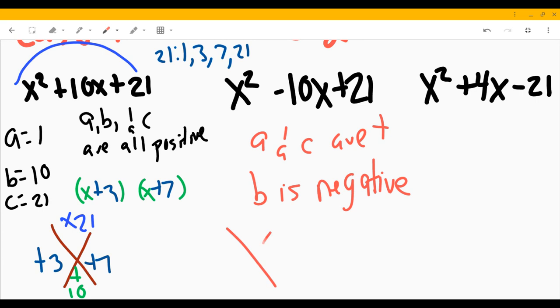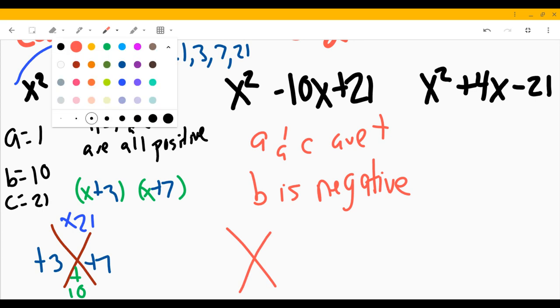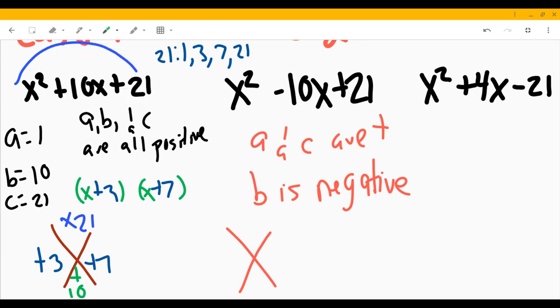So what two negative numbers multiply to 21 that add up to negative 10? Now, because both factors are negative, that's going to be negative 3 and negative 7.